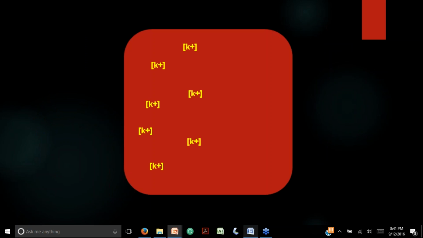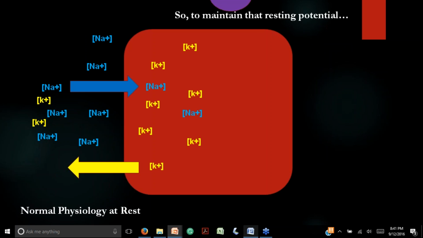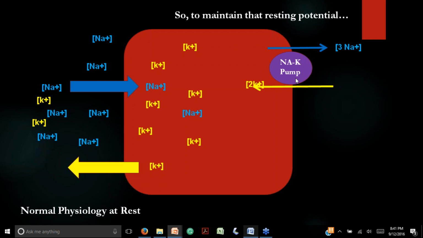So again, potassium inside and sodium in the extracellular have more concentration, so we have a concentration gradient. Then in order to keep the resting potential, what is the resting potential? We want to have more potassium inside than outside, and the sodium potassium pump helps with that. All right, so that is going to bring more potassium inside the cell to keep the resting potential.